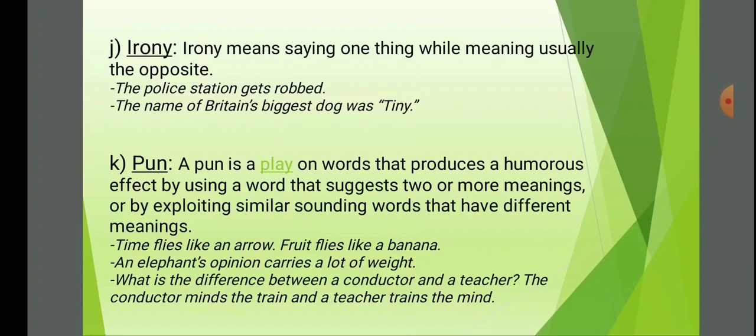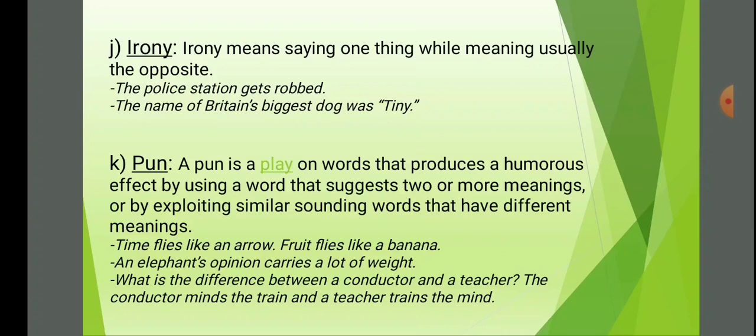It is made to make the sentence funny. You can see in the example, the police station gets robbed. A police station is a place where the rules should be kept, but here the police station gets robbed. The name of Britain's biggest dog was Tiny. These are the examples of irony sentences. Meaning, whatever they actually write, the meaning is different.